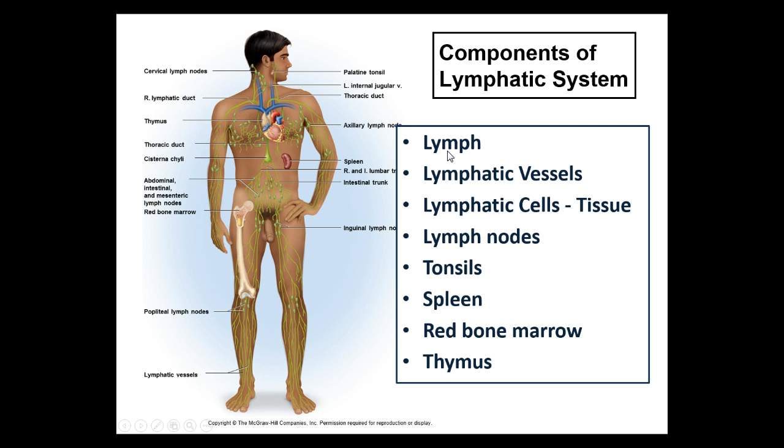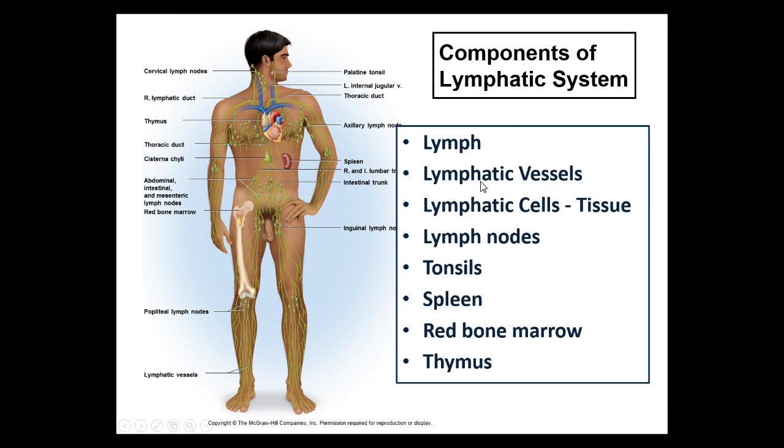So it's that whole location thing. When this fluid with its solutes is in a capillary, we call it plasma. When it's in among cells outside the capillary, we call it interstitial fluid. But when it's in lymphatic vessels, we call it lymph. Essentially, if you think about it, it's the same fluid, it's just in different places.